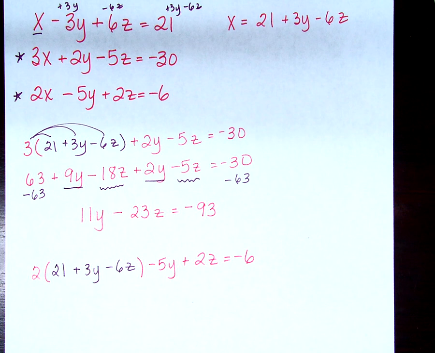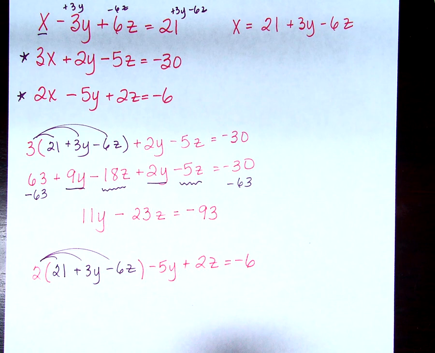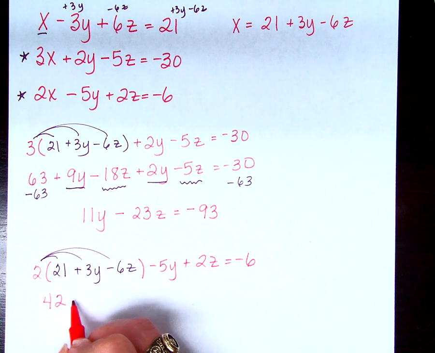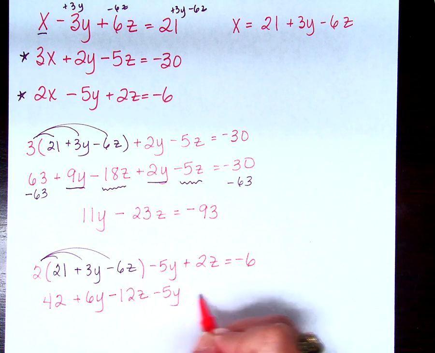Distribute. Everybody okay so far? Okay, so distribute here, here, here. So 42 plus 6y minus 12z minus 5y plus 2z equals negative 6.